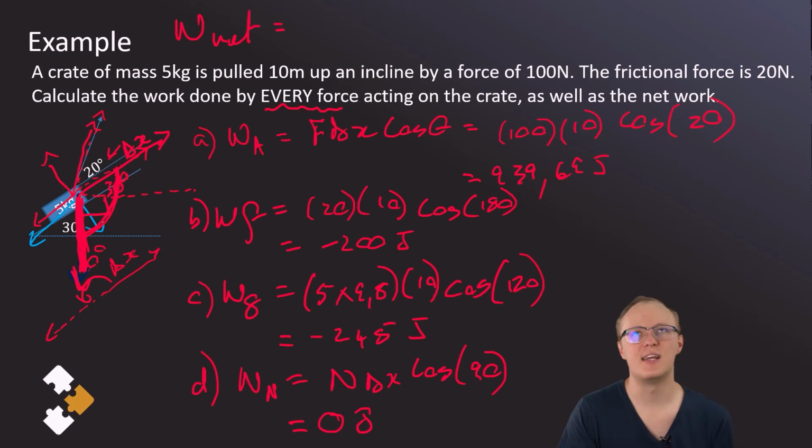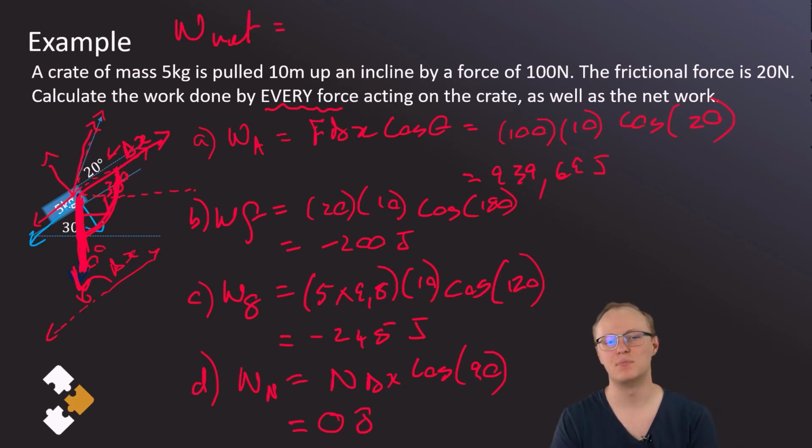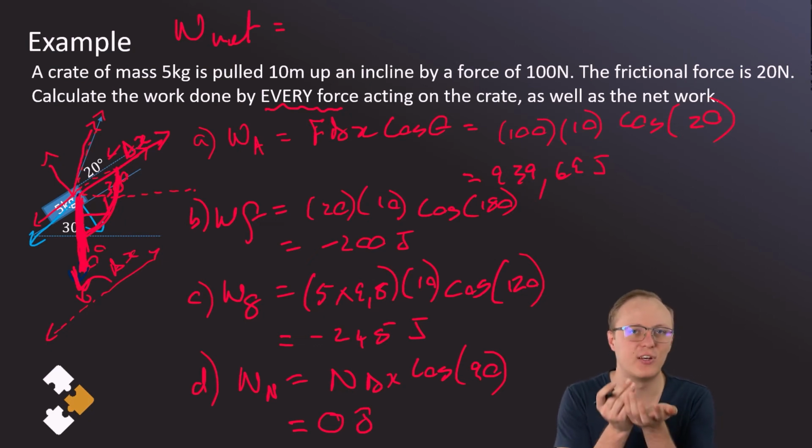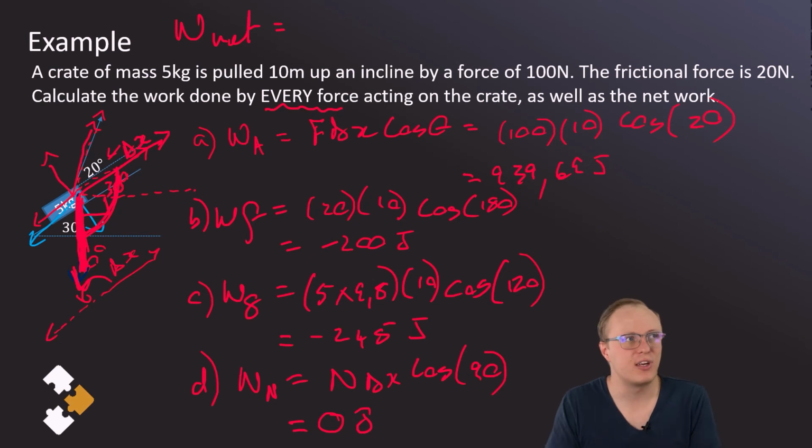Well, surely the net work is just the sum of the work done by all of these forces. It's going to be the positive work, the energy added by the applied force, minus the energy taken away by friction and gravity, right?